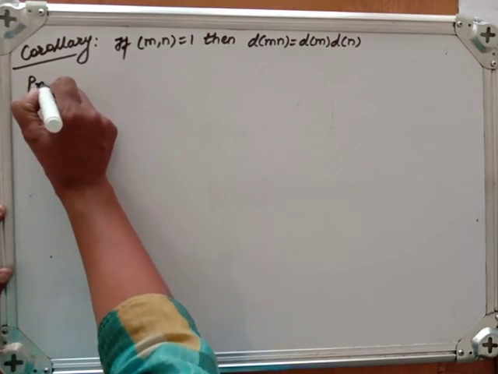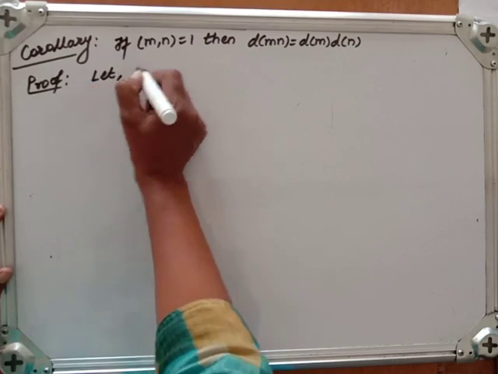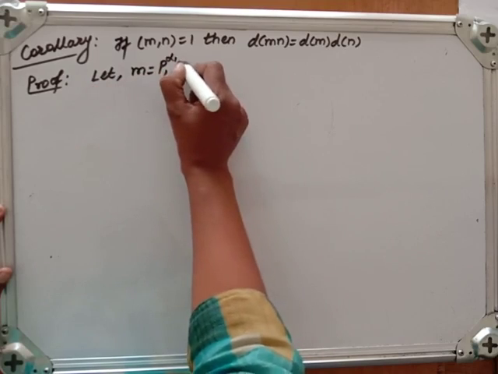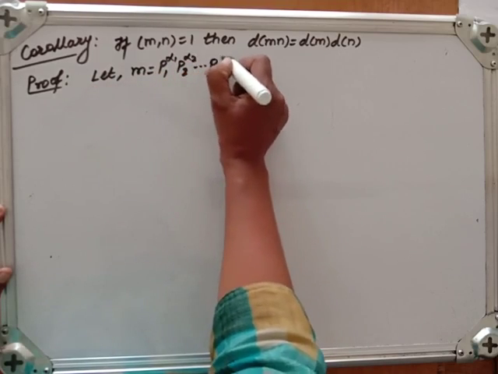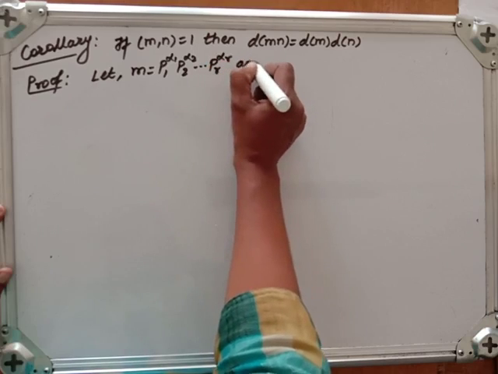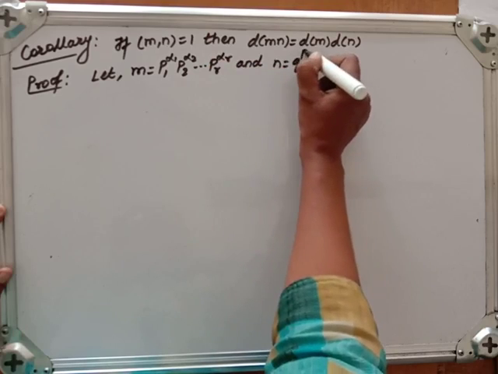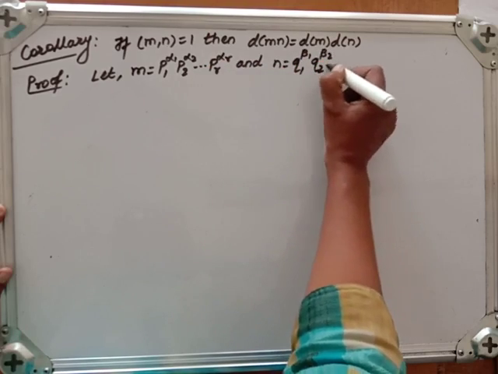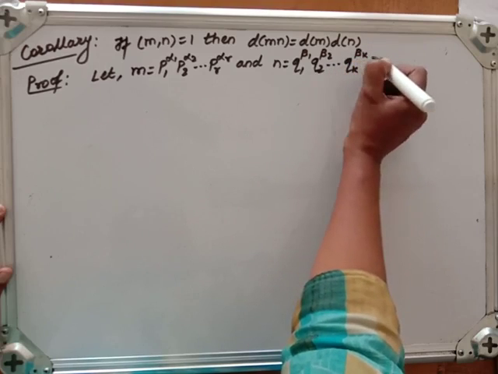Proof of this: let m equal to p1 raised to alpha 1, p2 raised to alpha 2 and so on up to pr raised to alpha r, and n equal to q1 raised to beta 1, q2 raised to beta 2 and so on up to qk raised to beta k.